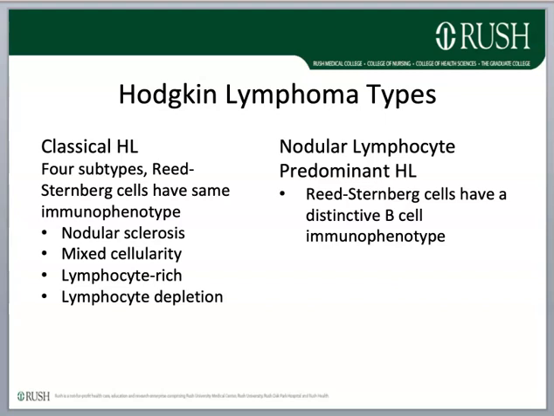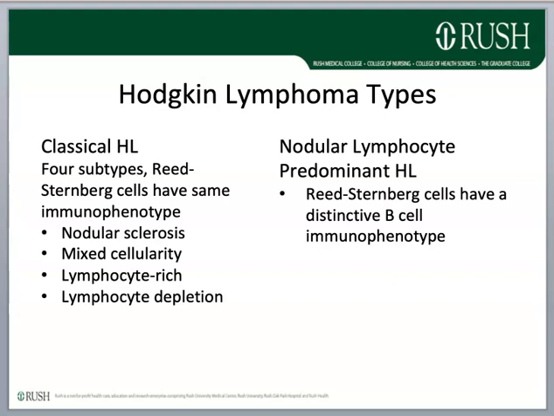Based on differences in the appearance of the cells and the composition of the reactive background, the classic type is further divided into the following subtypes: nodular sclerosis classic Hodgkin lymphoma, mixed cellularity classic Hodgkin lymphoma, lymphocyte-rich classic Hodgkin lymphoma, and lymphocyte-depleted classic Hodgkin lymphoma.